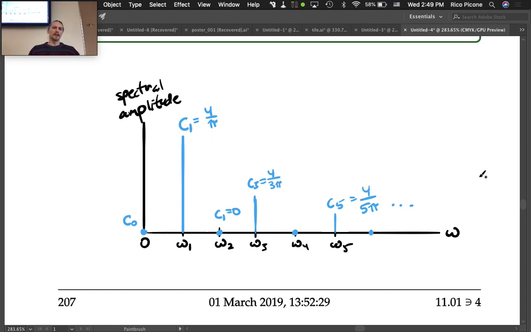This follows a 1 over omega shape, essentially a 1 over x sort of fall off. Is it like that always? No. In fact, the shape is unique for every different function. Like a sawtooth is going to have something that's weird, and they don't always decrease monotonically. Sometimes the first one's small and the second one's big, so it depends on the function.